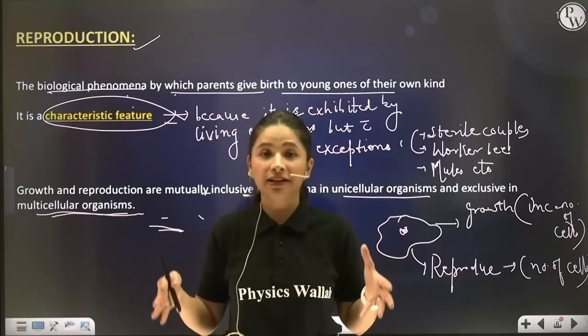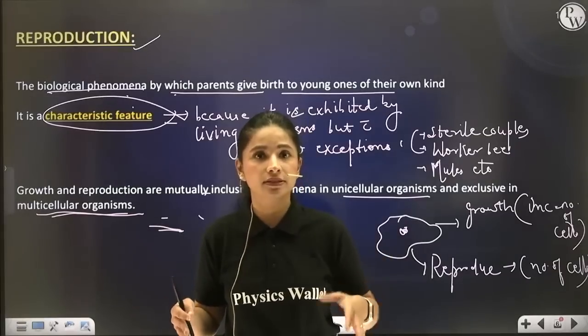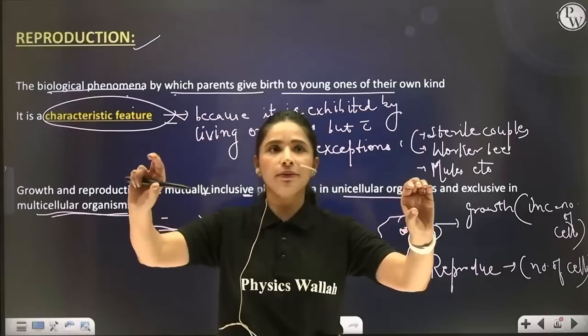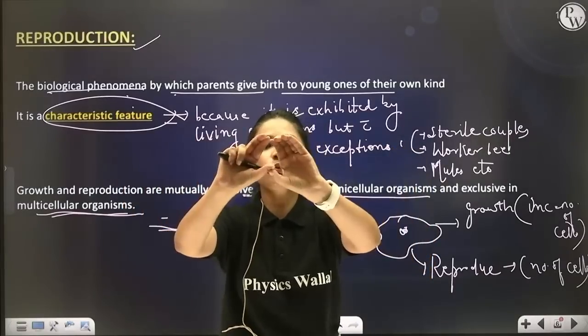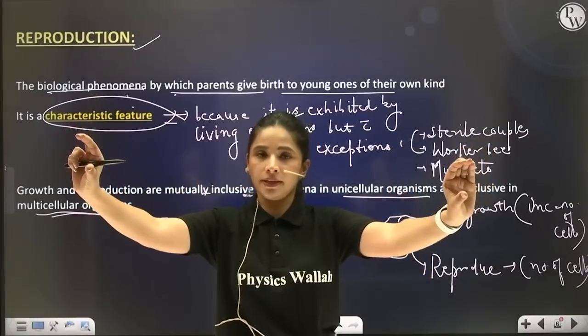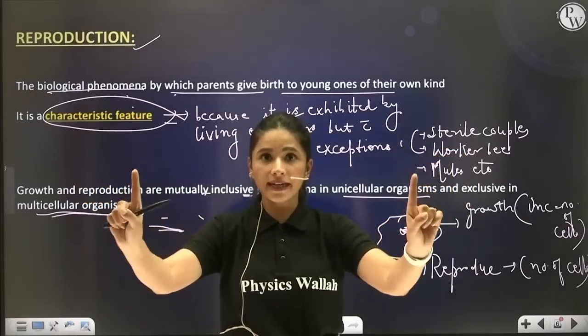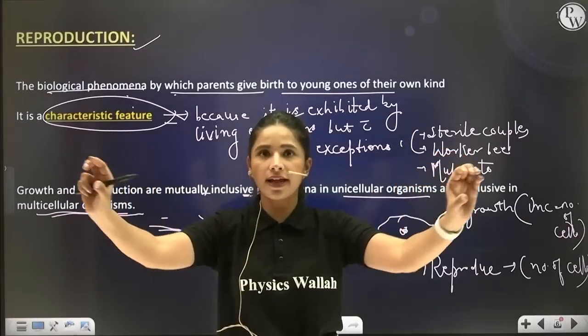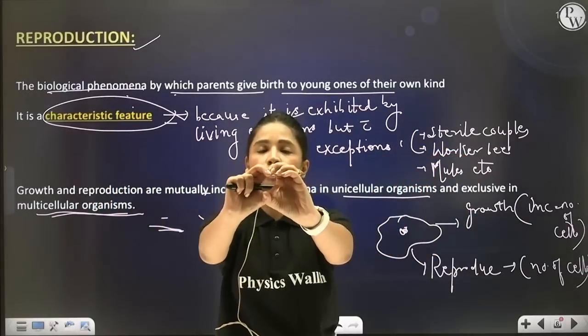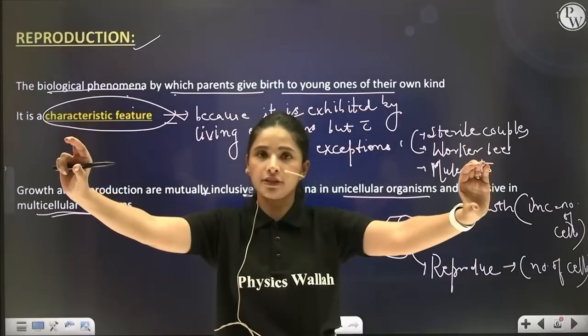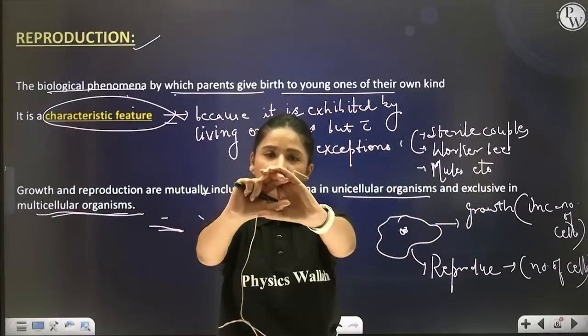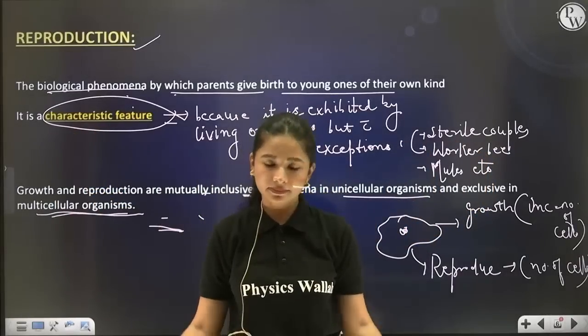No. So that means in multi-celled organism, growth and reproduction are two different, exclusive phenomena. But in case of single-celled organism, they are one phenomena. Inclusive, exclusive. Multi-celled, unicelled. Clear? Yes.